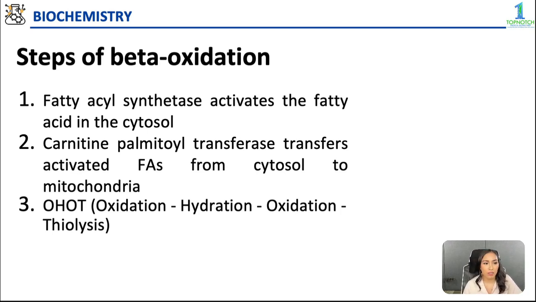Pag activated na yung fatty acid, carnitine palmitoyl transferase transfers activated fatty acids from the cytosol to the mitochondria. And then, nagsastart na yung repetitive steps natin na OHOT, oxidation, hydration, oxidation, and thiolysis.